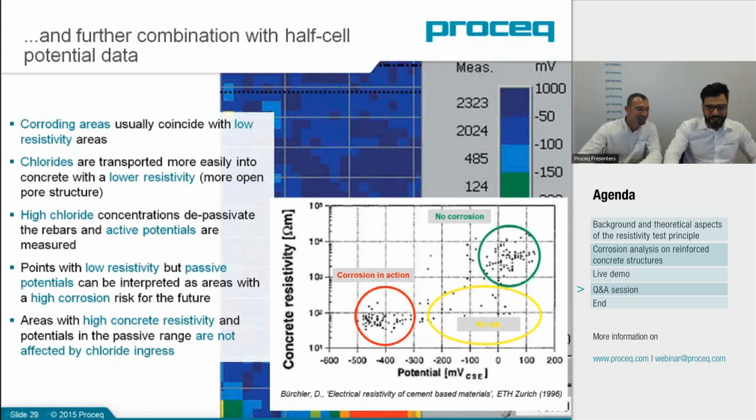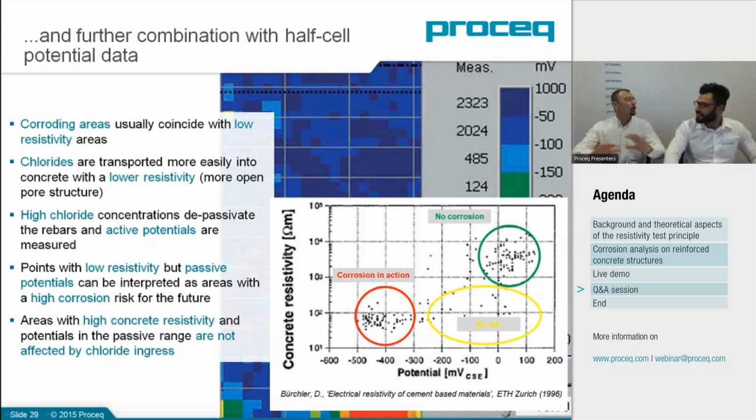Right. Okay. Now, how can corrosion rate or corrosion likelihood be predicted based upon half-cell potential data? Well, there will surely be a dedicated webinar for it, but let's say that we're not speaking about corrosion rate with half-cell potential.